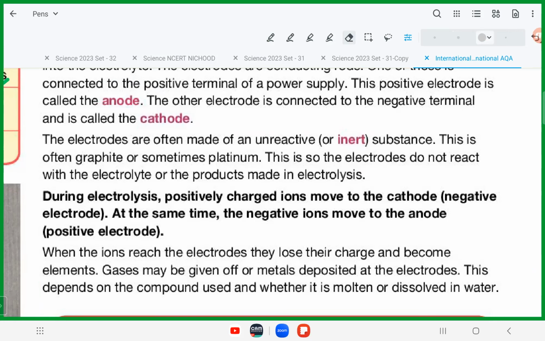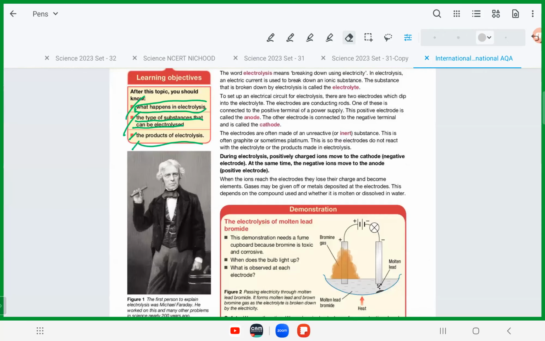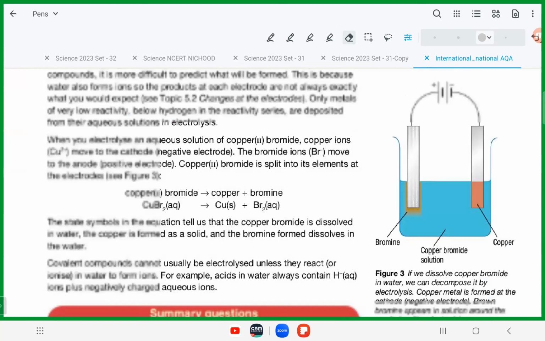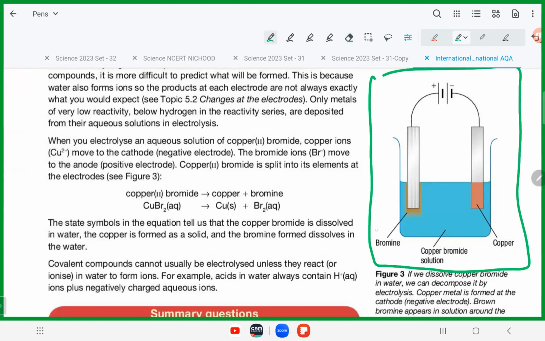Okay, see the diagram here. So what you read out, all these things you read. What is there? These two rods are called electrodes, metal electrodes.